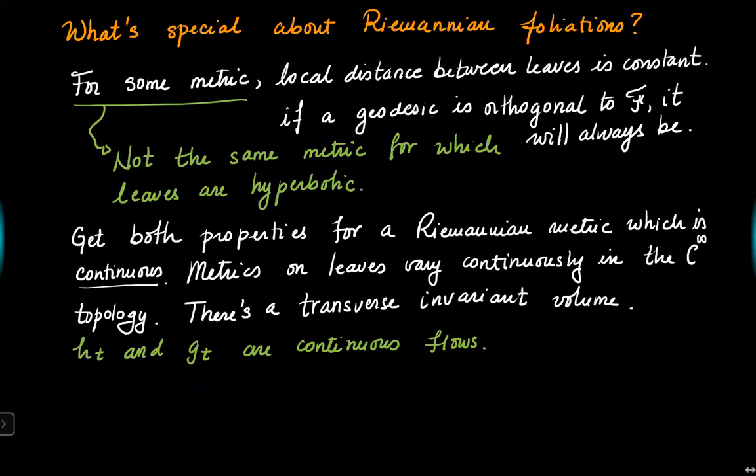So if you want a metric that exhibits this Riemannian transverse structure and which also assigns curvature -1 to the leaves, you can have this, but only for a metric which is continuous, and metrics on leaves vary continuously in the smooth topology. And there's a transverse invariant volume coming from the Riemannian transverse structure. And the foliated geodesic and horocycle flows are continuous flows.